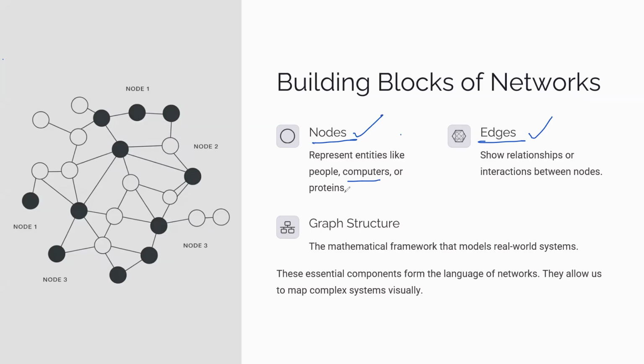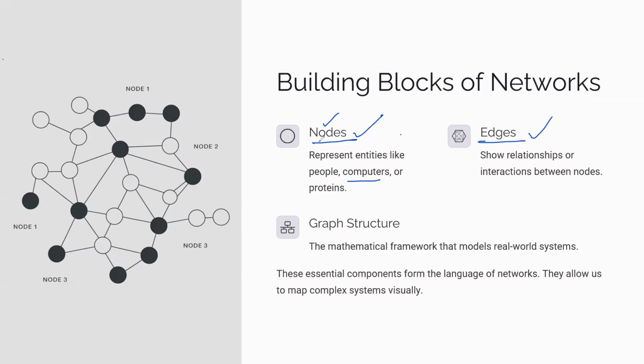If I talk about the internet or a LAN, we have interconnected computers, so computers become your nodes, or proteins in a biological structure. In the aviation sector, we have interconnected flights between different airports. You can visualize the airports as interconnected entities, and those airports will be our nodes.